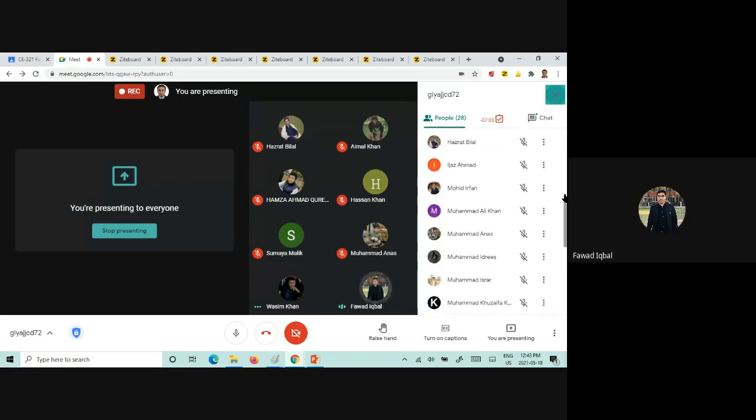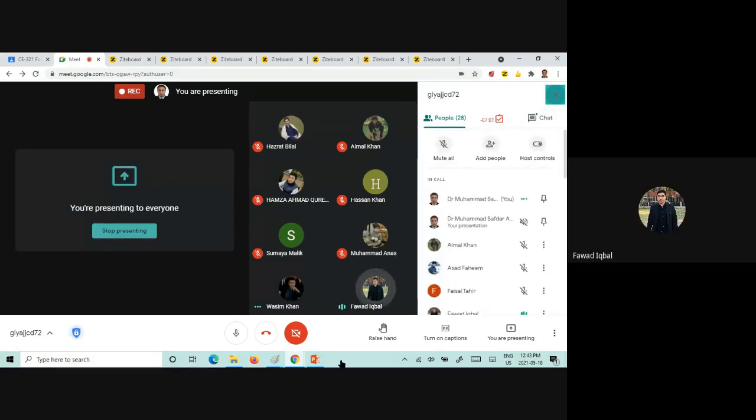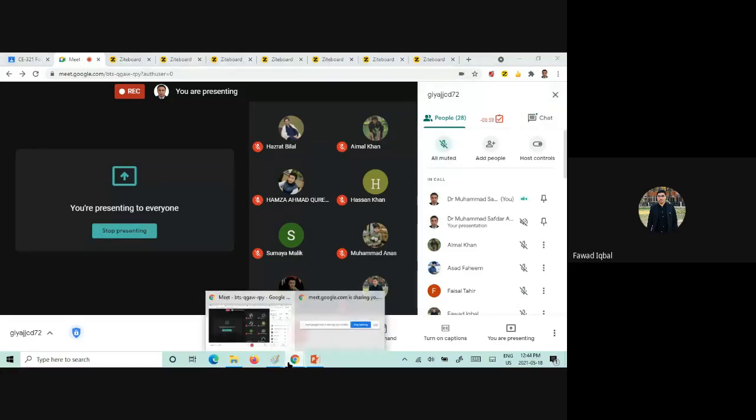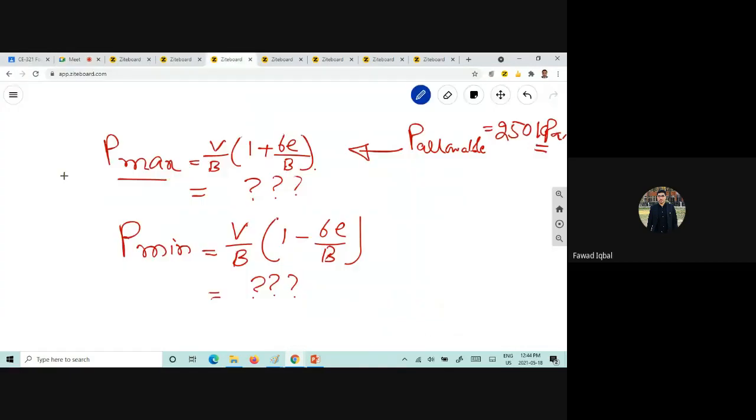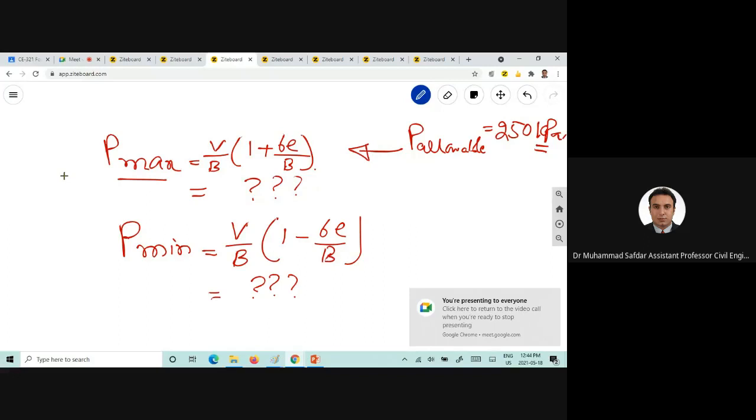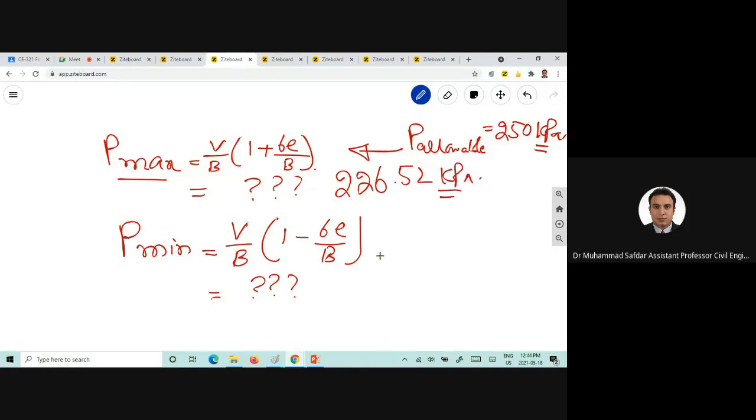The maximum pressure is 226.53. Okay, that's equal to 226. And the minimum I would give you that value is approximately 1 kilonewton per square meter, equal to kPa.